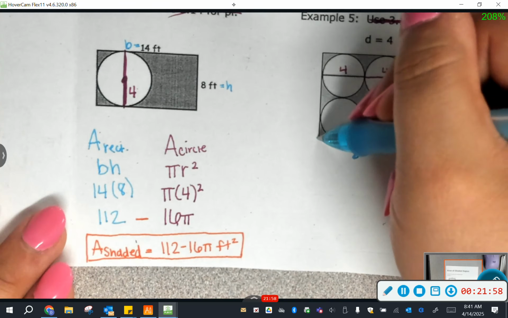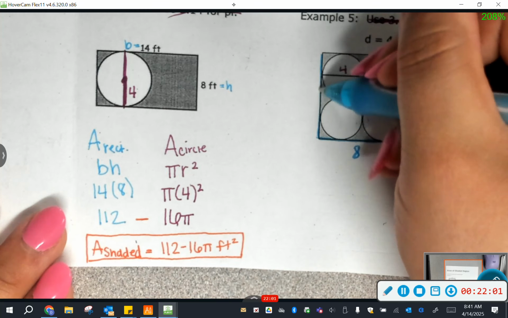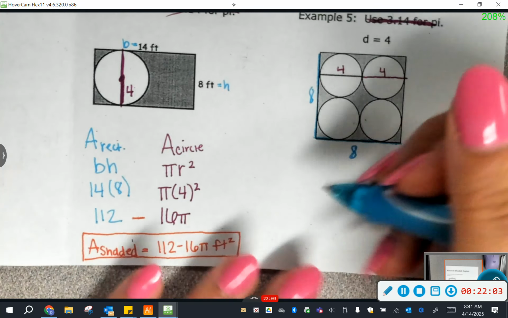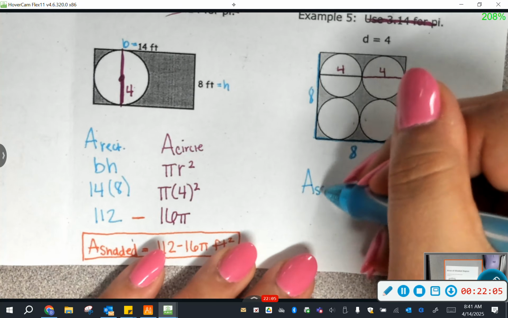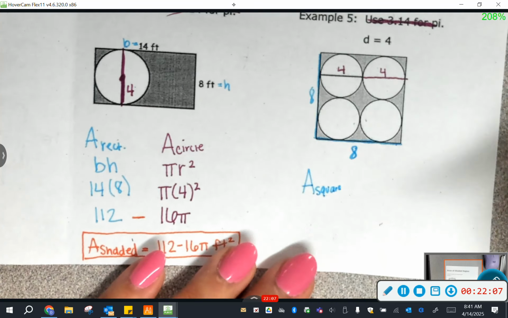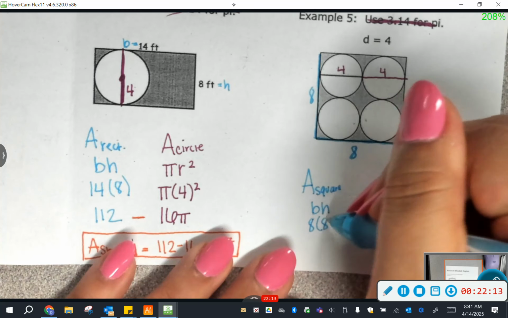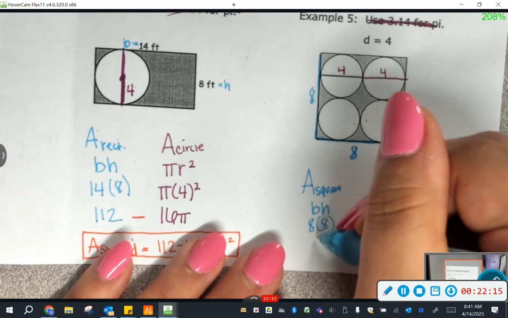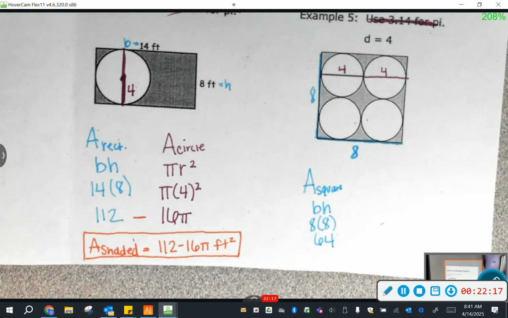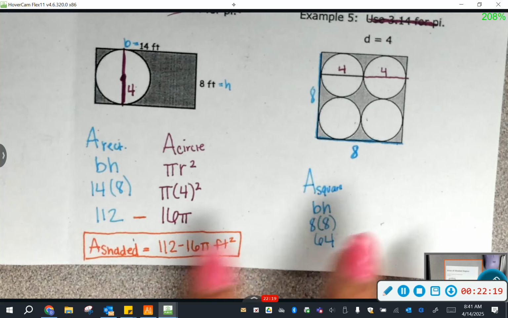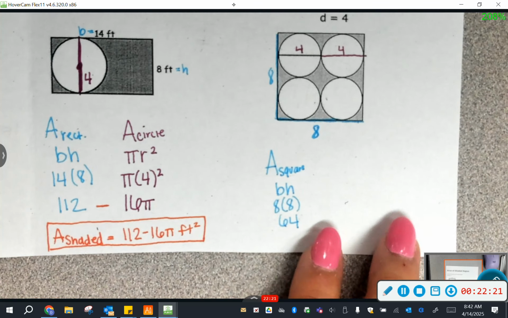What is this whole height going to be right here? 8 as well. So how do I find the area of the square? S squared or BH. 8 times 8 is 64. Write that down, please.